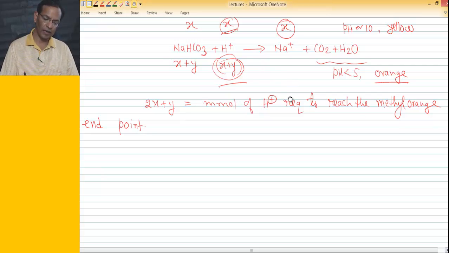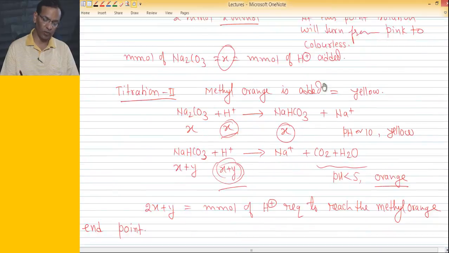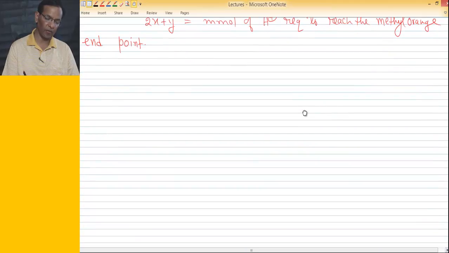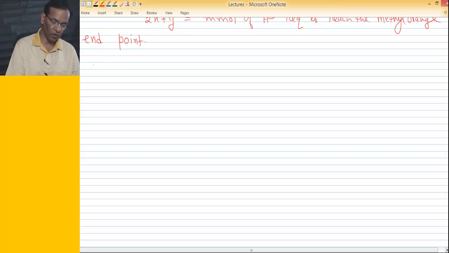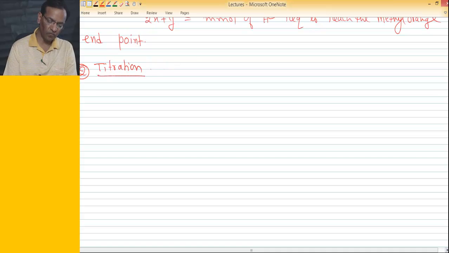This experiment can also be done in a different manner. Let us call them titration 2. Second type of titration. In this approach, we first add phenolphthalein.